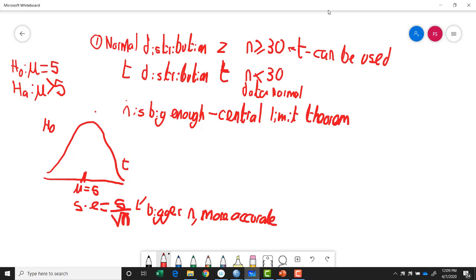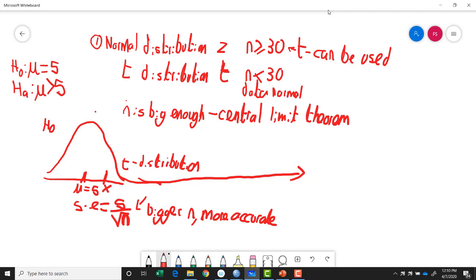Now, what we usually do in stats is try to turn this into a distribution of mean 0 and standard error of 1. So let's draw a line to a new distribution. And here we have maybe an x bar.